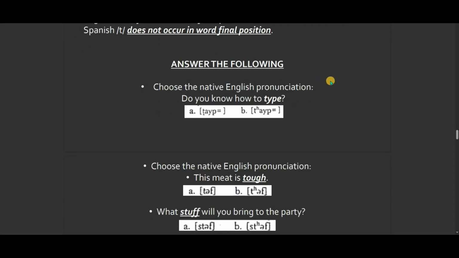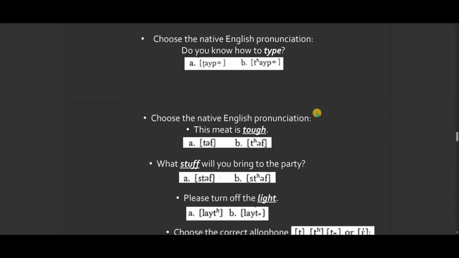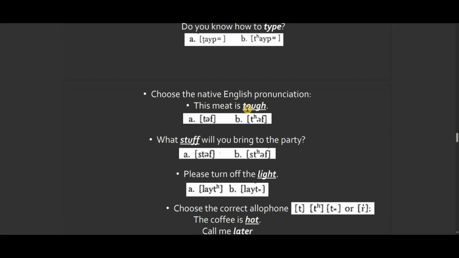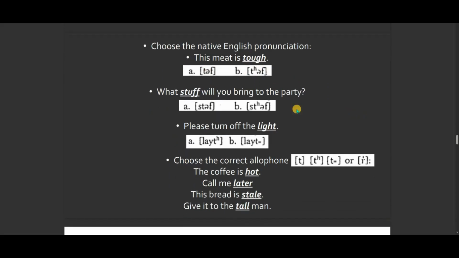You can take a look at these examples and answer them yourself using the native English pronunciation. Do you know how to type? This meat is tough. Choose the correct phoneme symbols.